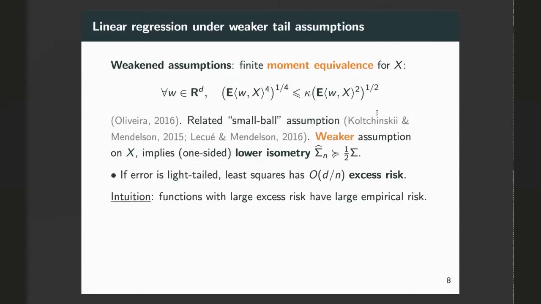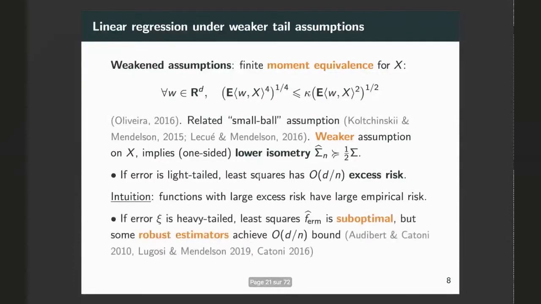Okay, and so in particular, if the error is well behaved, this is enough to show that we have a D over N bound with least squares. But there is also another case, which is the case where the error is heavy-tailed. So now both X and the error are heavy-tailed, so they are not sub-Gaussian. And in this case, one can show that empirical risk minimization will no longer be optimal.